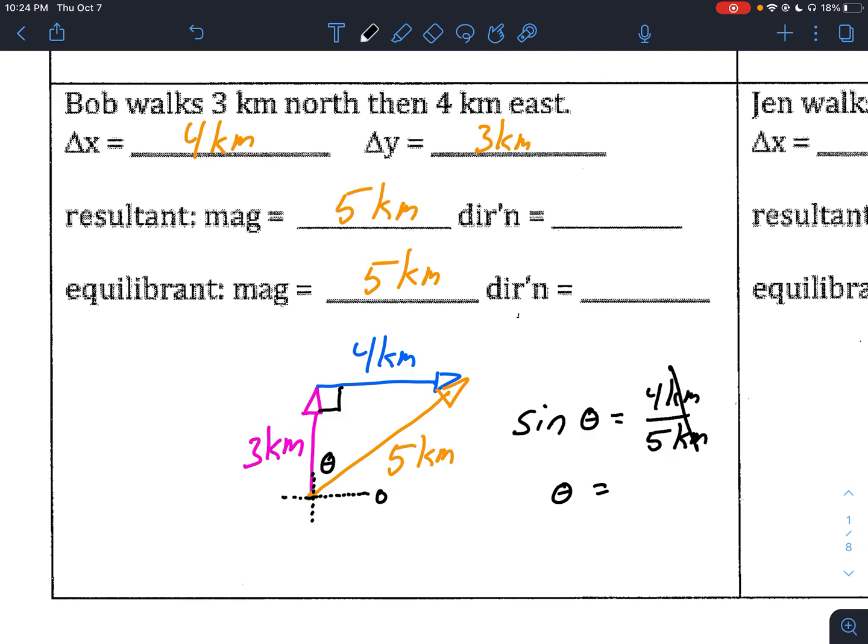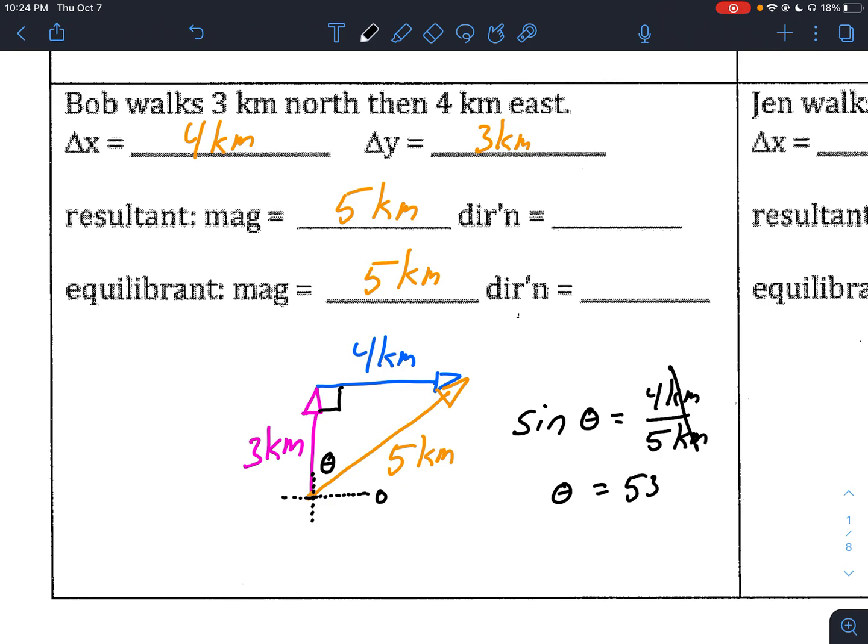So when you plug that all in, you get that angle that I've shown is 37 degrees. It makes sense. It looks about that size, right? Or I'm sorry, it's not 37 degrees.